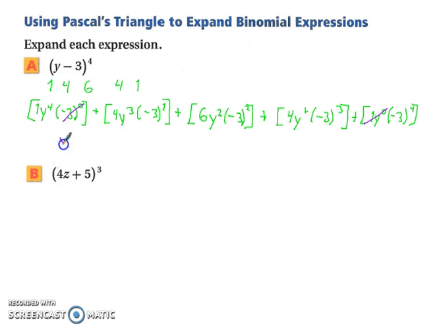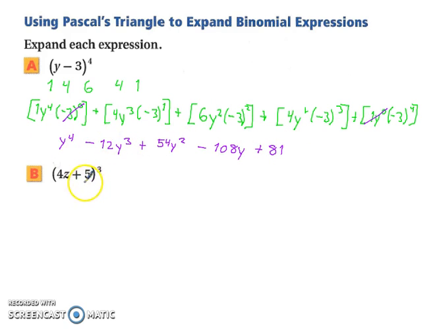So we have y to the fourth minus 12y to the third, and then we have plus our 54y squared, and we've got minus 108y, and then plus 81.